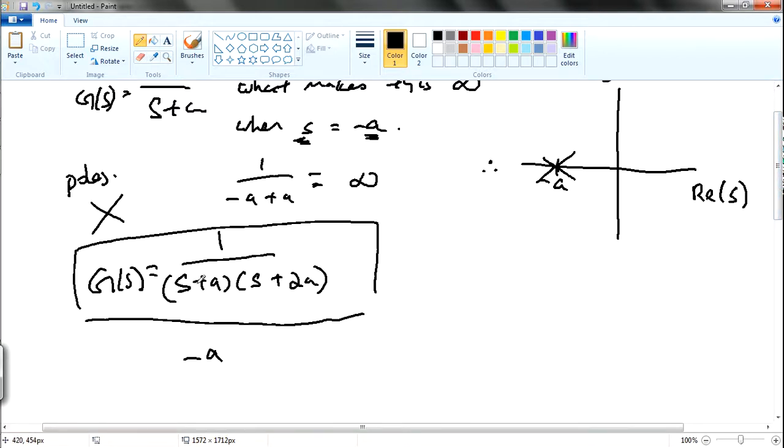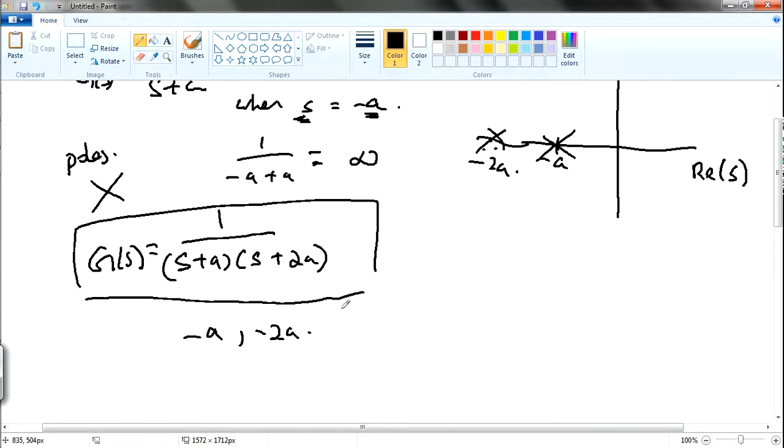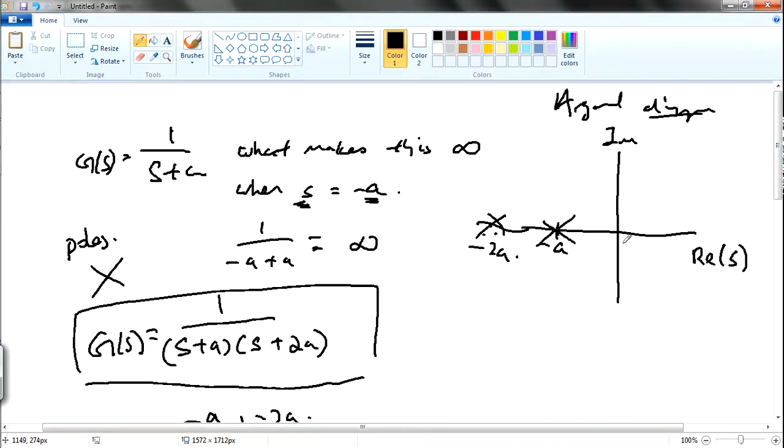Minus a plus a is 0, so the whole equation will become infinity. Another one is s equals minus 2a. So in this case, there are two poles that make the equation become infinity.